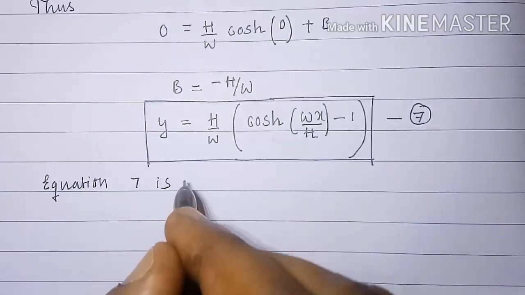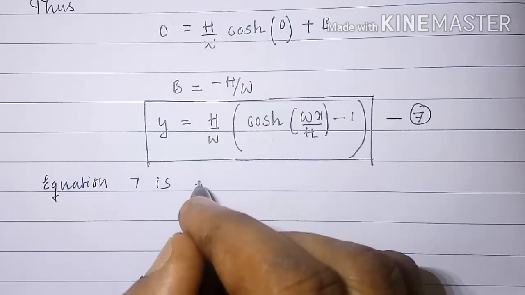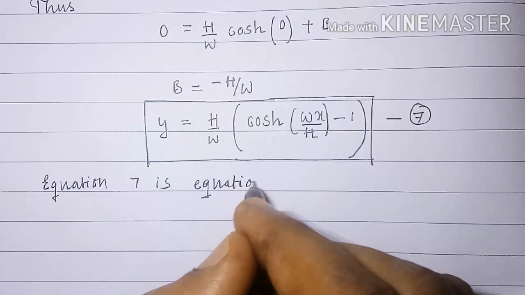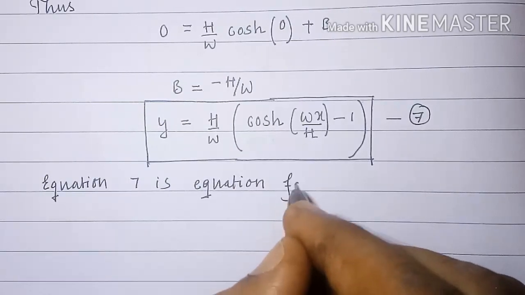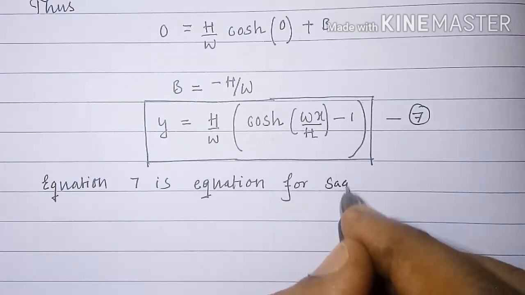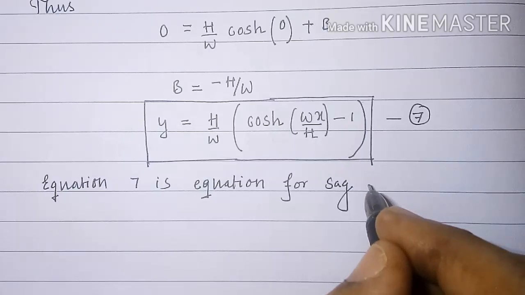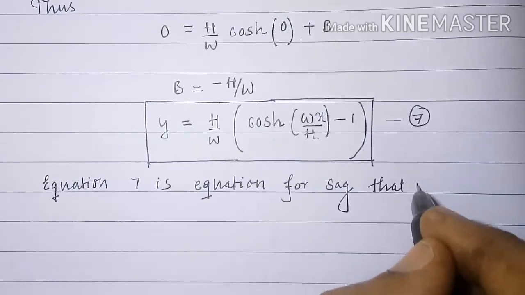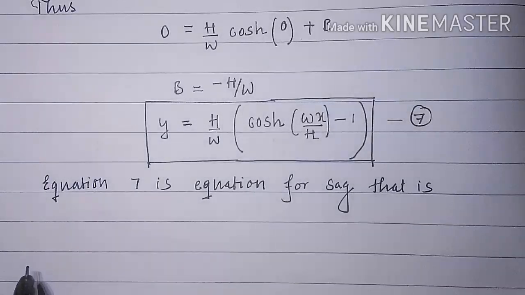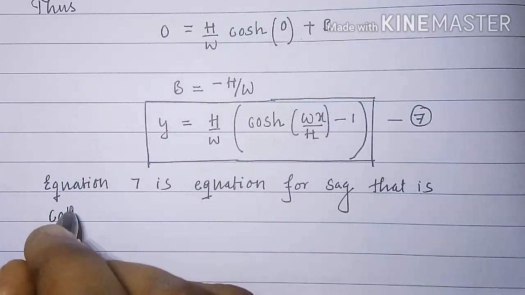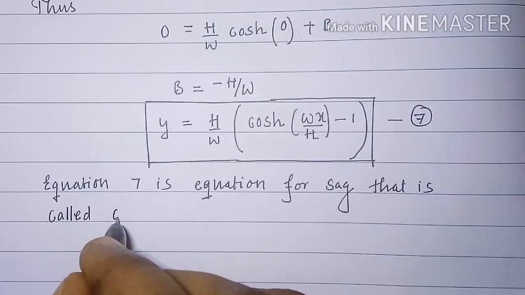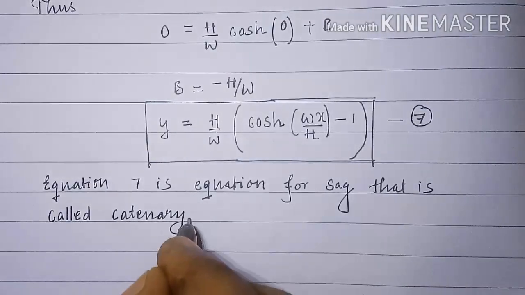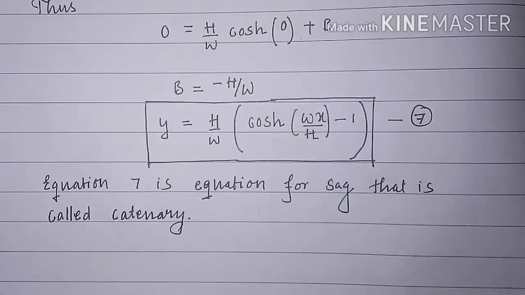Equation 7 is equation for sag, that is called catenary.